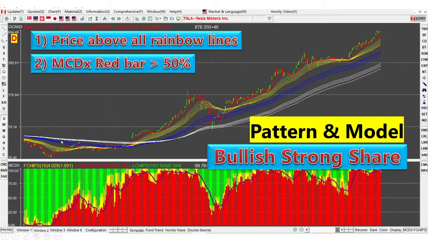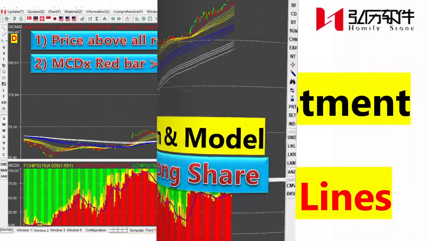Every time the price pull back to rainbow lines got support, it will be our another chance to consider again. So even here, 2 months, $400, more than $800.26, another 100% already. So strong will be stronger.